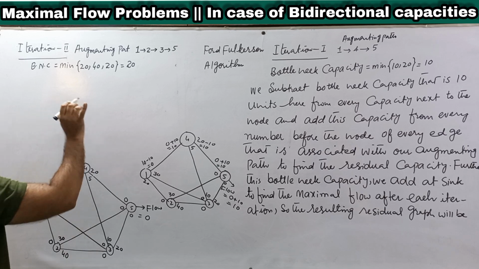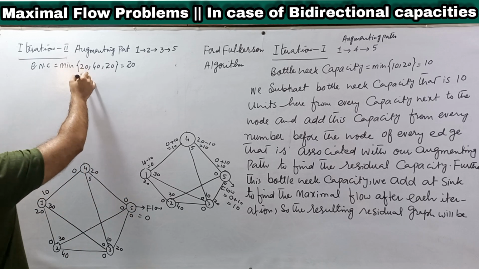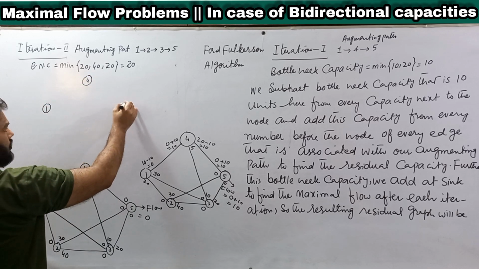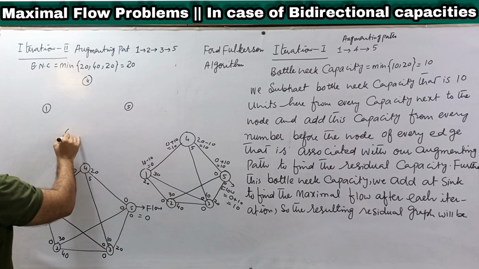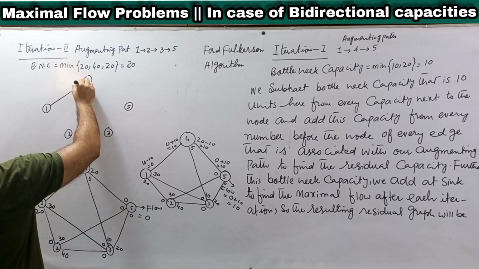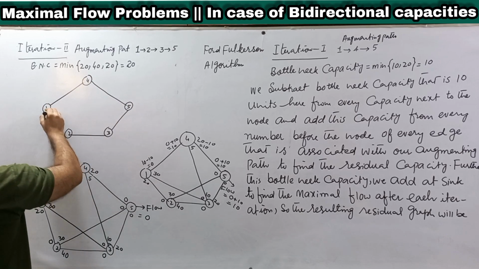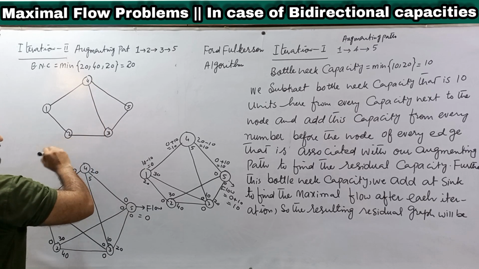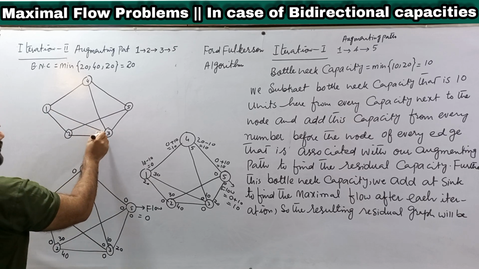So the resulting graph, that is the residual graph, will become: node 4, node 1, node 2, node 5, node 3, with the same edges as before.